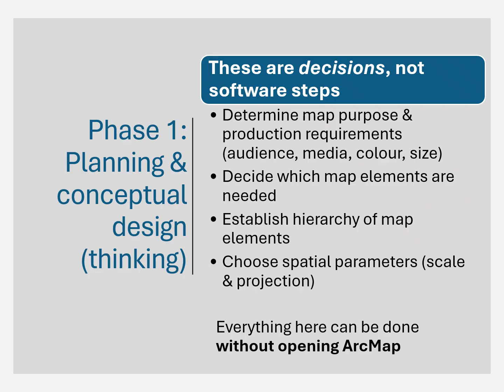Within the map, you decide how to overlay the layers with each other and choose the spatial parameters: what scale you want, the projection, how the map looks, and which map projection is better and suitable for this kind of dataset. Everything here can be done without opening ArcMap or ArcGIS Pro. So this is a thinking process.